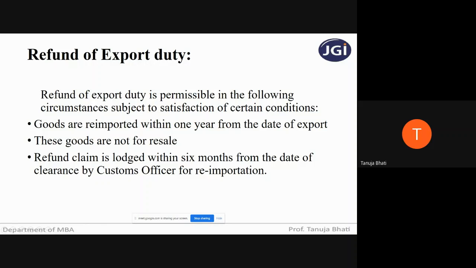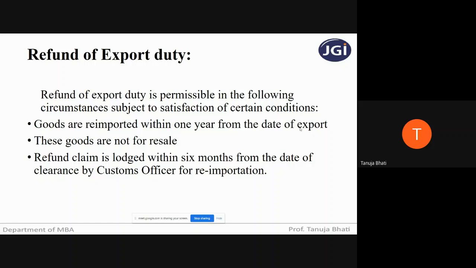Number one, goods are re-imported within 1 year from the date of export. So, students, suppose you are exporting some goods and you are re-importing the same goods.